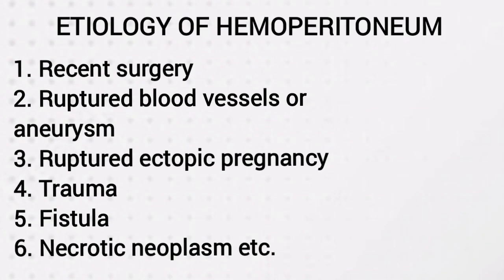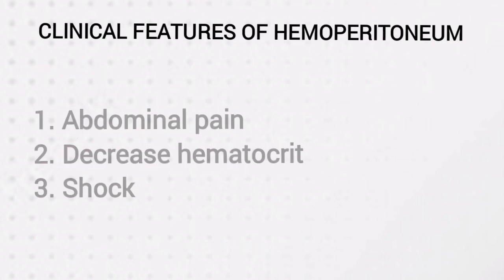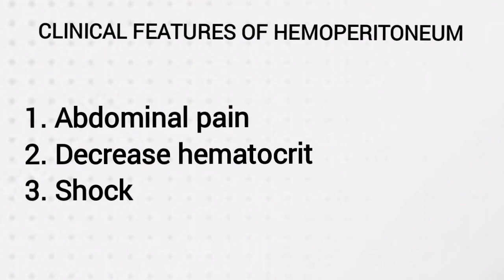Hematoma or hemoperitoneum. The etiology is basically recent surgery, ruptured blood vessel or aneurysm, ruptured ectopic pregnancy, trauma, fistula, necrotic neoplasm, and so on. The clinical features will be abdominal pain, decrease in hematocrit, and shock. Sonographic features will include anechoic cystic mass.